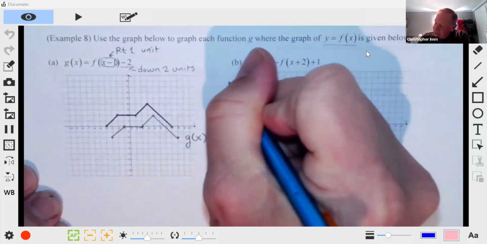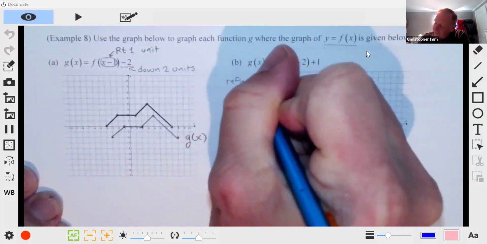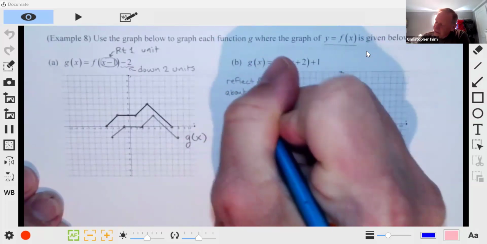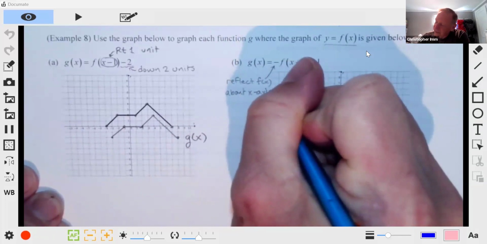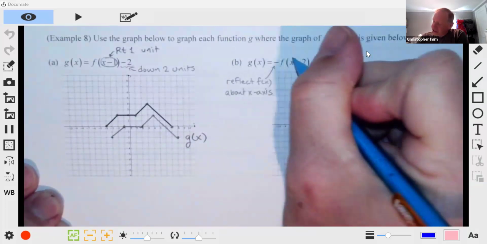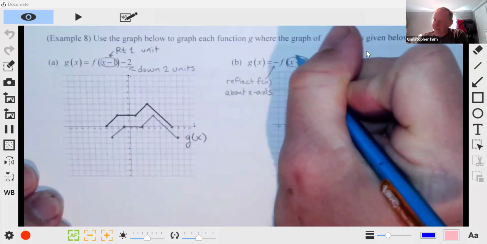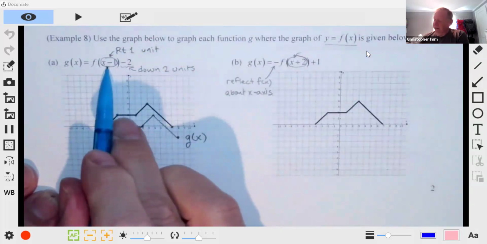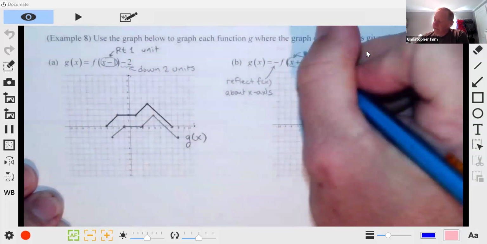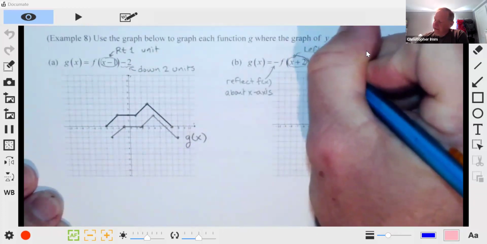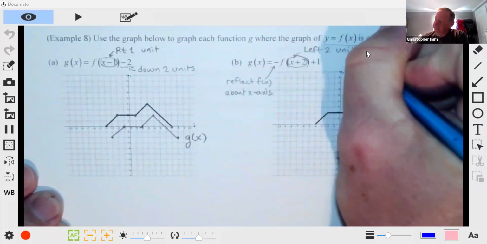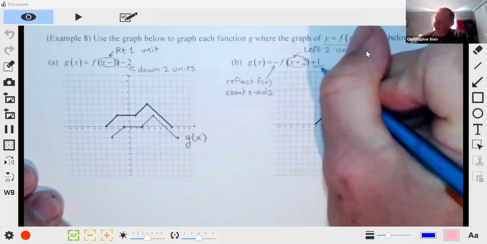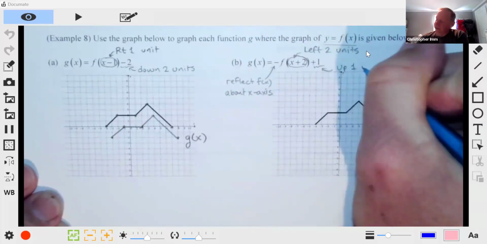So this negative is going to reflect f of x about the x-axis. We have an x plus 2 inside change. Again, our inside changes are counterintuitive. So just like a -1 inside moved it right 1, this one's going to move it left 2 units. And then finally, my outside change, which is totally intuitive, moves everything up 1 unit.